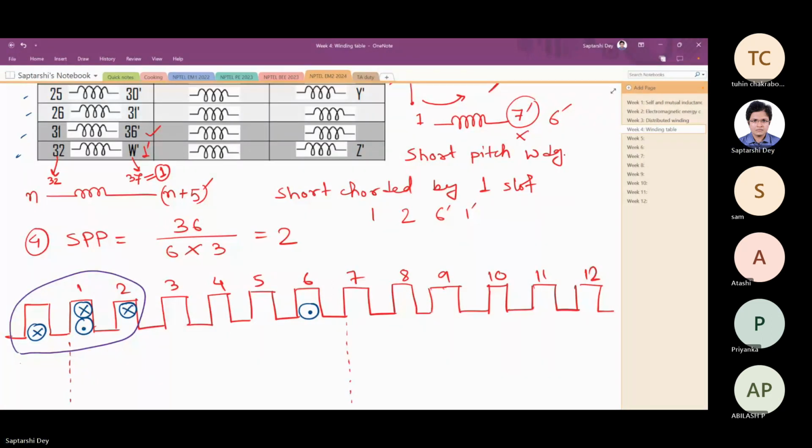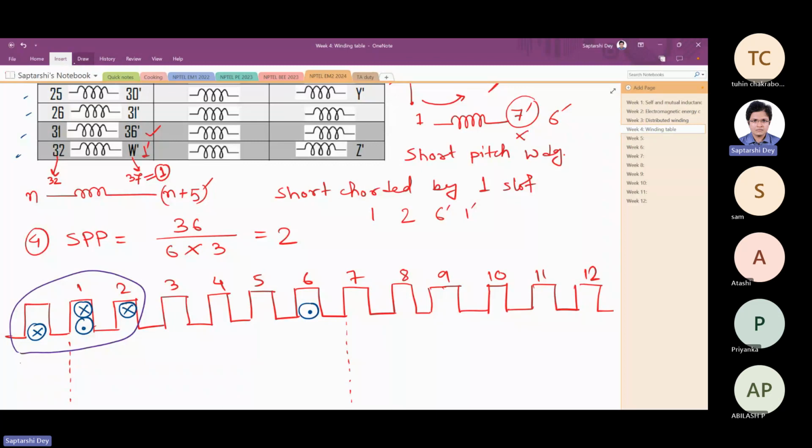In between, from here to here, the phase does not appear. This color is purple, not visible very well. From here to here, these coils do not appear at all. From here again, this phase appears, but in the other way around.